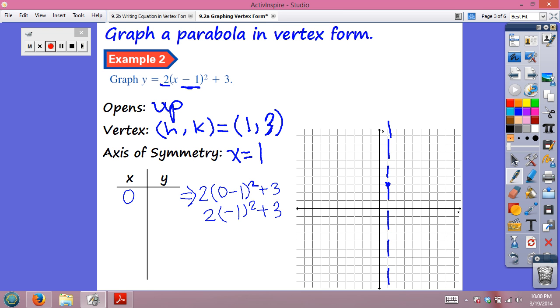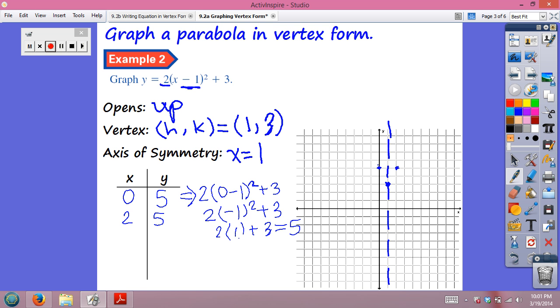So we know that negative 1 squared is a positive 1, times 2, and then plus 3. 2 times 1 is 2, plus 3 is 5. So our first point is going to be at (0, 5). 0, 1, 2, 3, 4, 5. And once again, we can mirror that over the axis of symmetry. So we're going to get (2, 5) for our mirrored point. We'll write that in here.